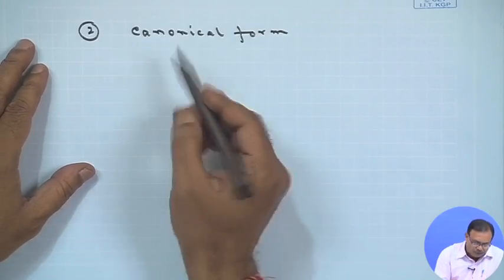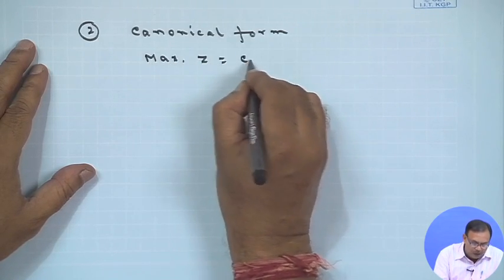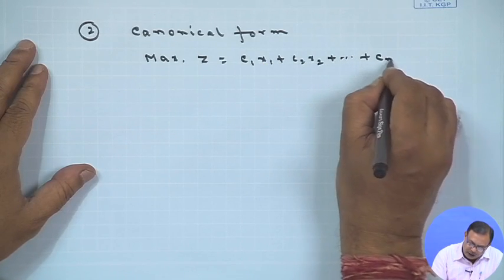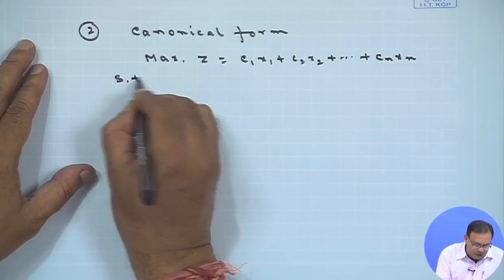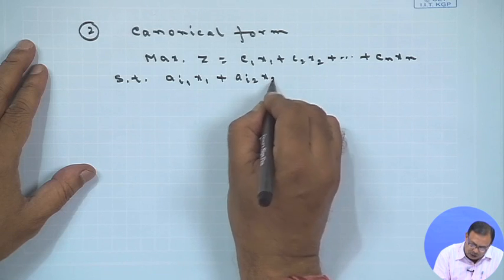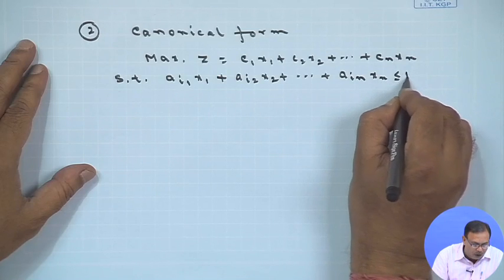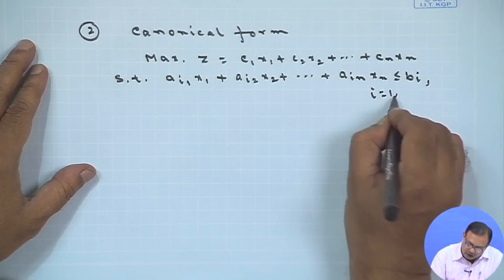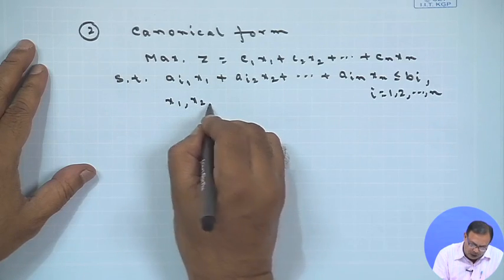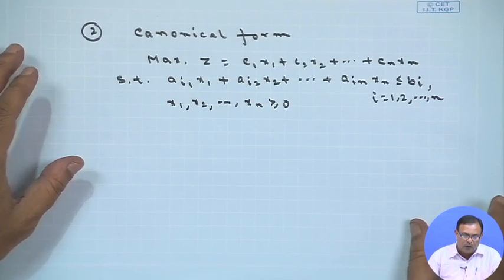In canonical form, we always write the LPP in this form: maximize z equals C1 x1 plus C2 x2 plus and so on up to Cn xn, subject to ai1 x1 plus ai2 x2 plus and so on plus ain xn less than equals bi, where i takes the values 1, 2, up to m, and obviously the decision variables x1, x2, up to xn are all greater than equals 0.